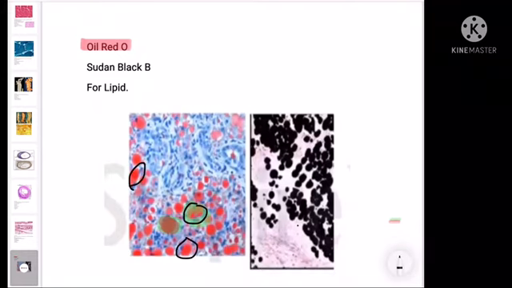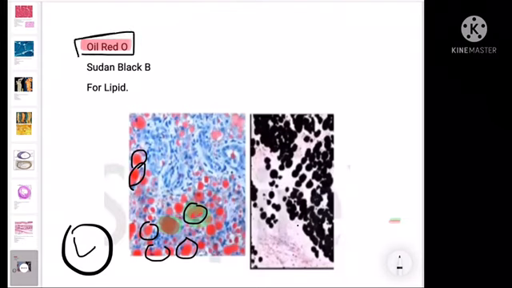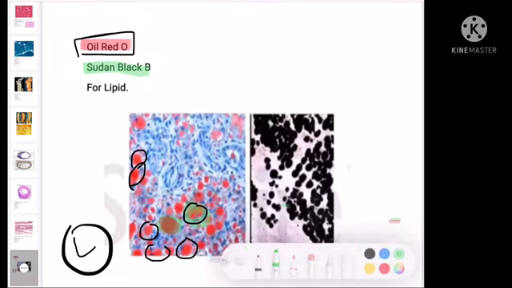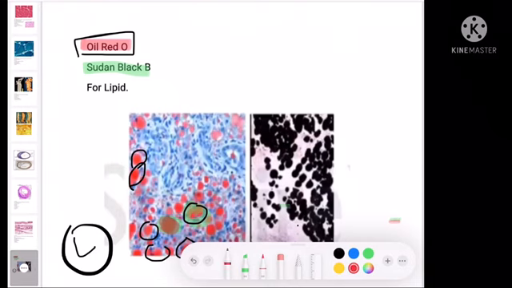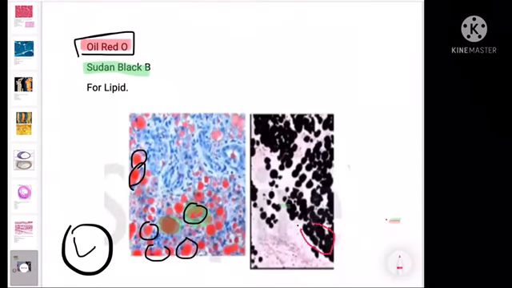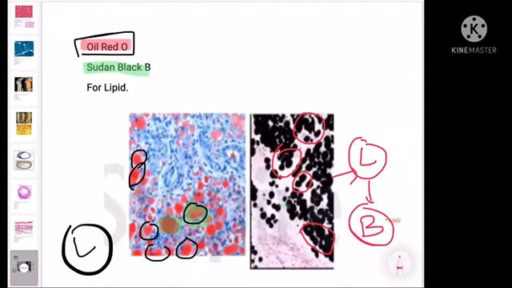So these red areas are the lipid accumulation in the liver, and the staining is oil red O. The second one is Sudan black B. In Sudan black B, you can find these are the lipid droplets inside the cell. So lipids on Sudan black B appear black.